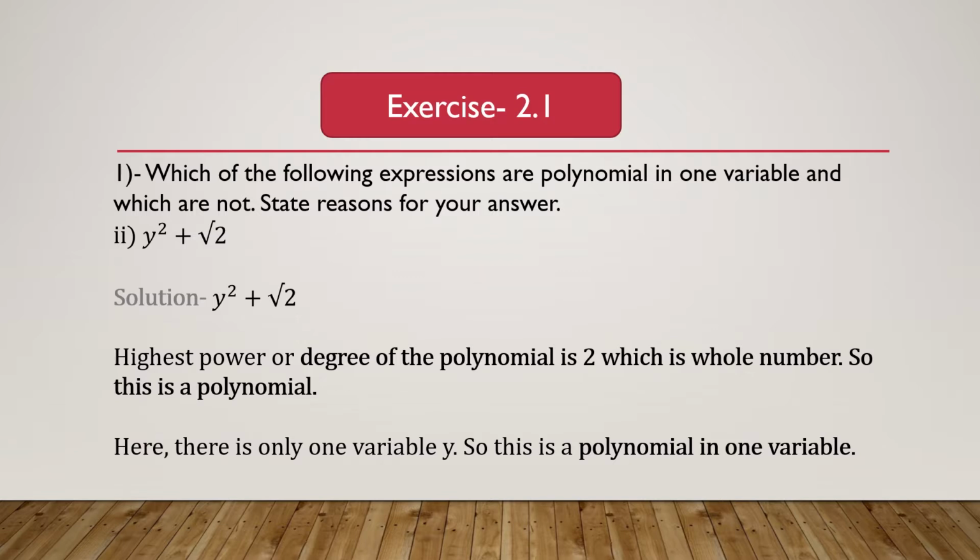So this is a polynomial, and here we have to find out whether the polynomial is in one variable or not. Here only one variable is present, that is y, in y square. So this is a polynomial in one variable. Move on to the next question.